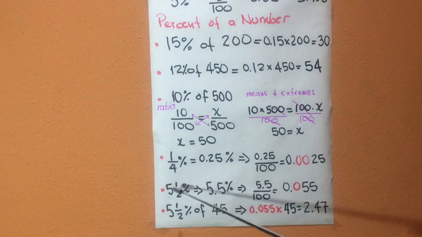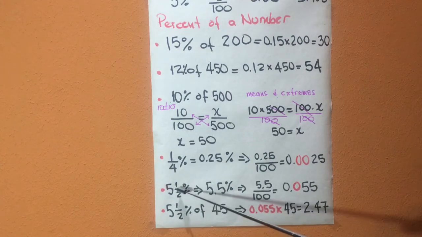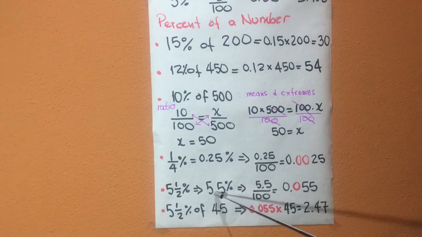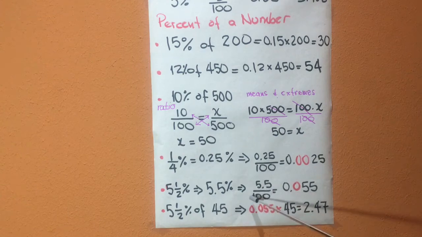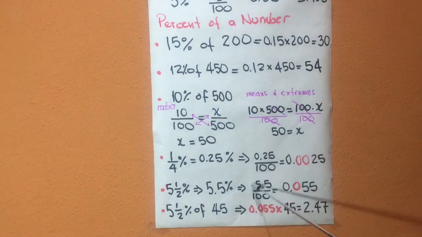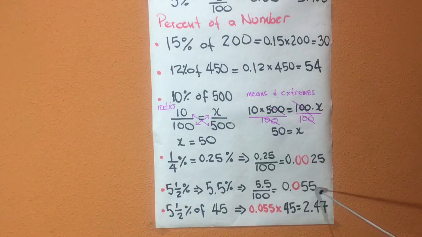Well, I can also have a mixed number as a percent, like 5 1/2, which can be written like 5.5, because 1/2 is in the decimal form 0.5. Well, again, 5.5 is divided by 100 as a fraction. If you do this division, your answer is going to be 0.055.